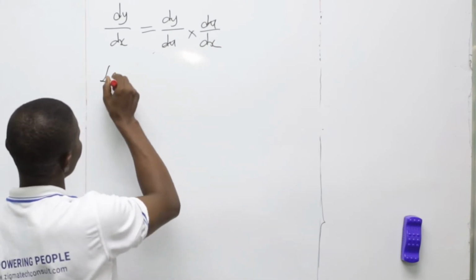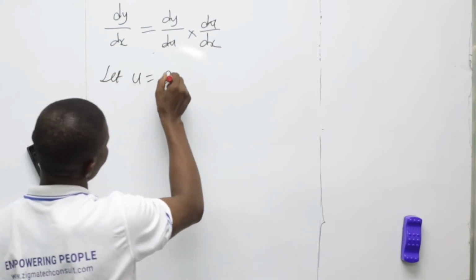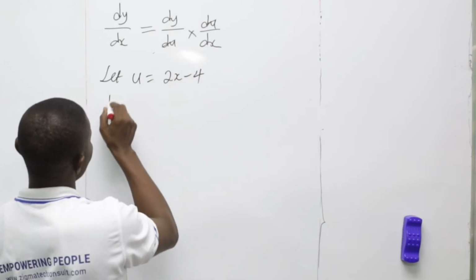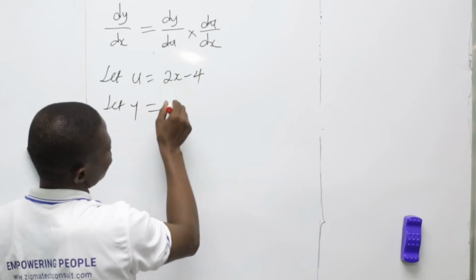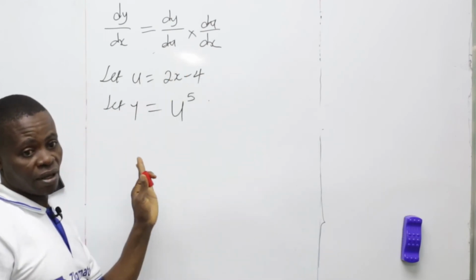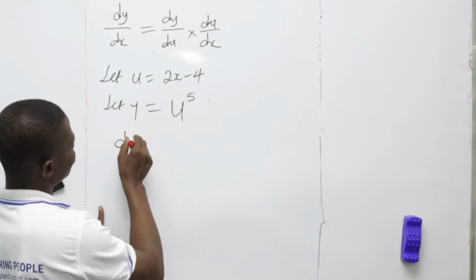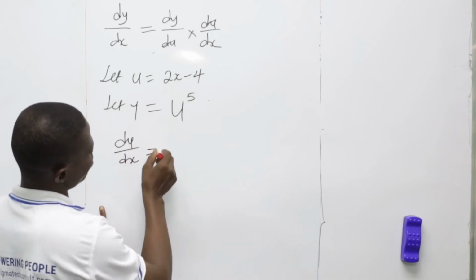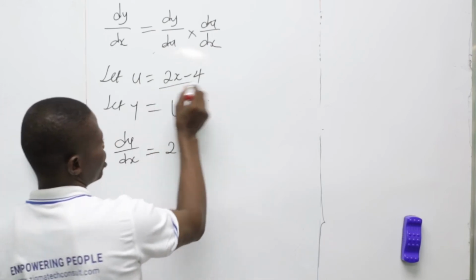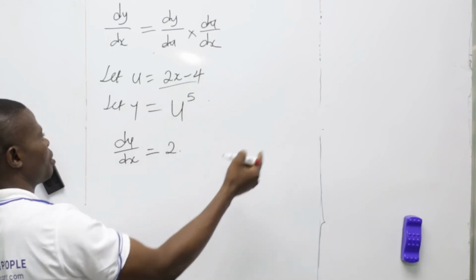Now, let u equal 2s − 4, as the case may be, and let y equal u raised to the power 5. We have two things here. So du/ds equals 2. No cause for alarm, because we already know the derivative of a constant is 0.